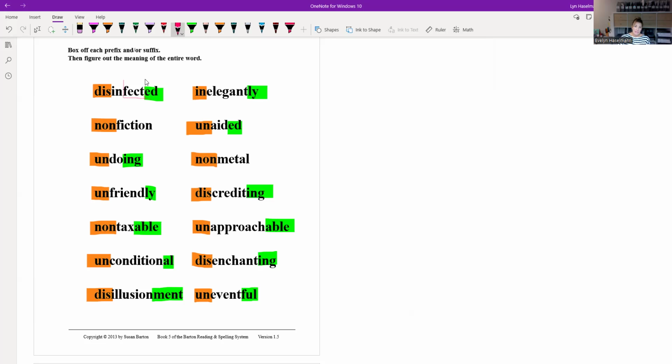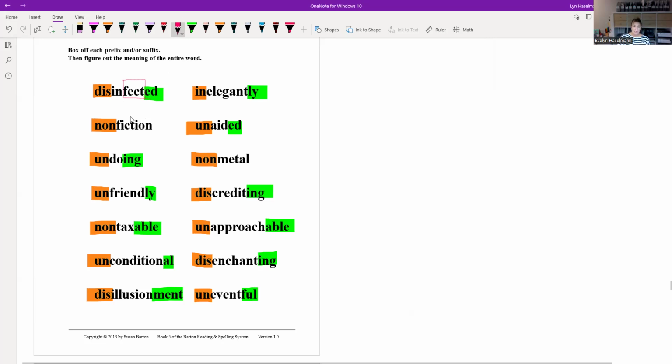We are going to use this as a base word, and we're going to say the base word is infect. Then we have the prefix dis and the suffix ed. So what does it mean? Not infected in the past, okay? Again, these are going to be pretty loose definitions here. So not infected in the past, I mean, you wouldn't really say it like that, but that's true.